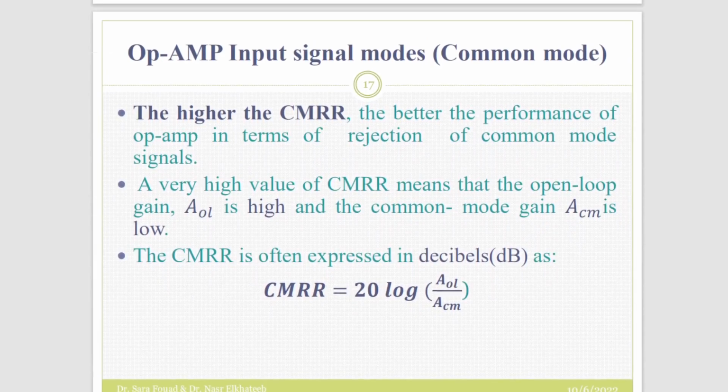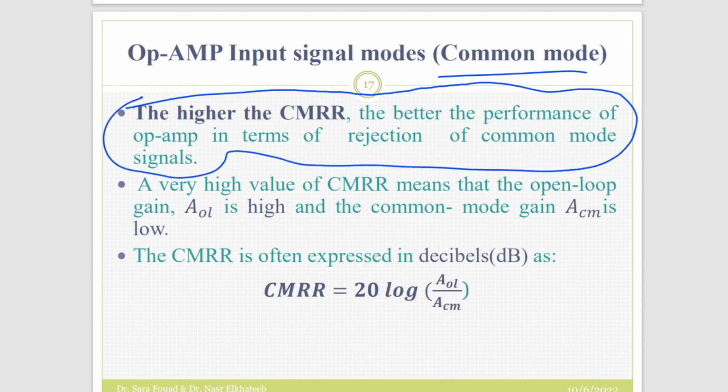For the op-amp input signal modes, the higher the CMRR, the better the performance of the op-amp in terms of the rejection of the common mode.